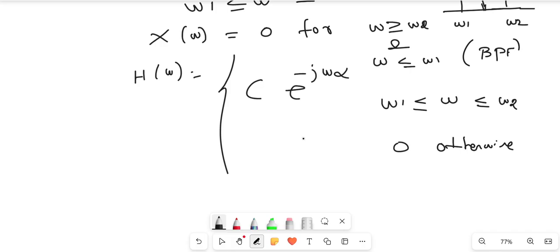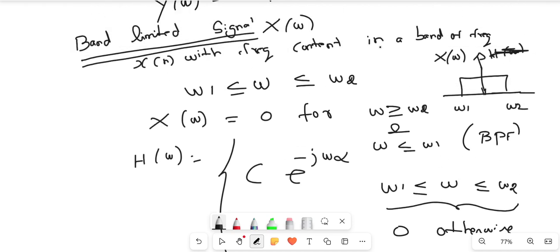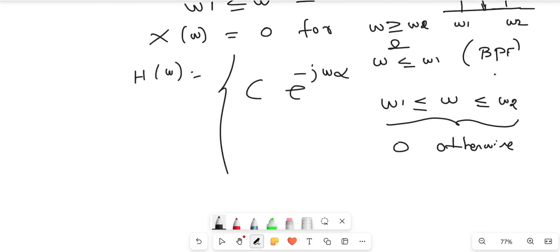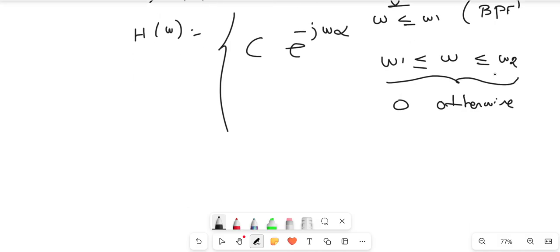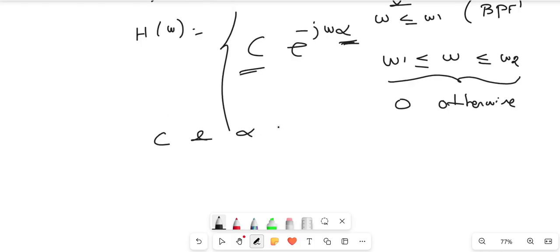This is a band of frequency where the frequency response is equal to C into e power minus j omega alpha. What is the magnitude here? C. The C and alpha play a role; the C and alpha are positive constants.